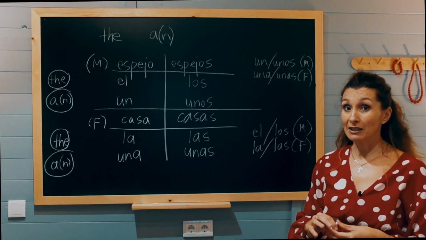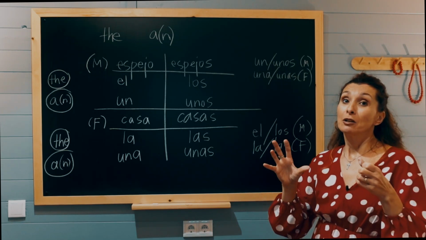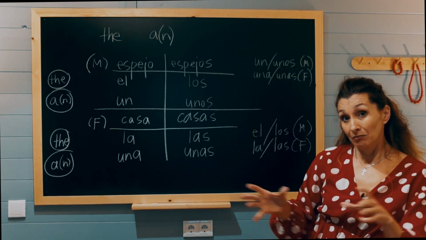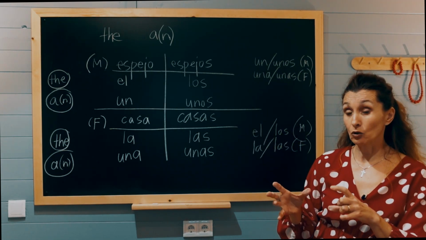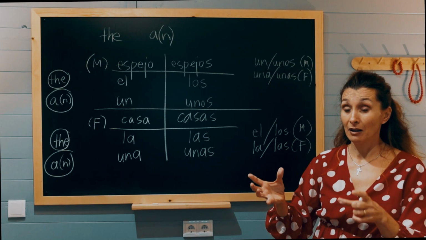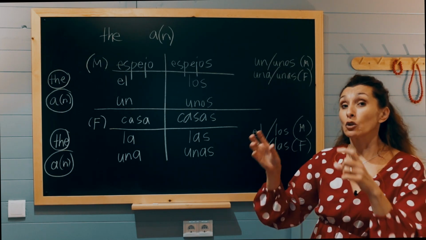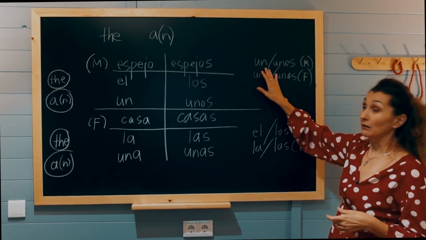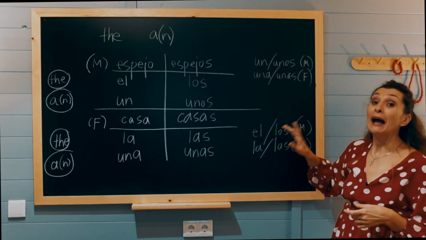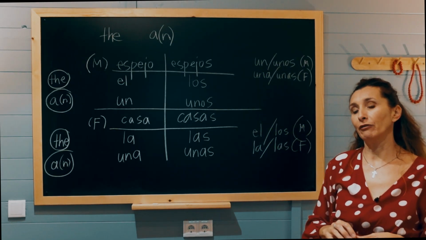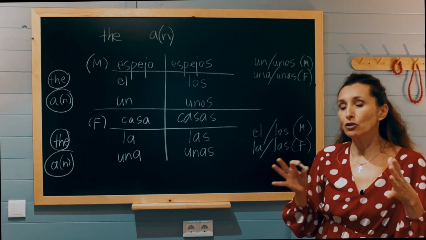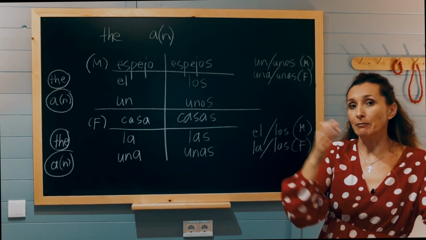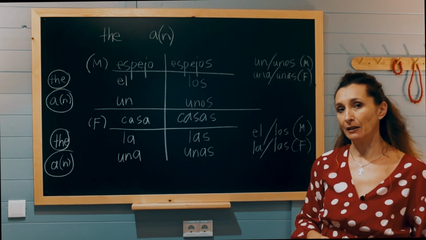It will be much easier to quickly tweak these descriptive words so that they also reflect the gender and the number of the noun, okay? But first you need to understand that that noun is either masculine or feminine, okay?